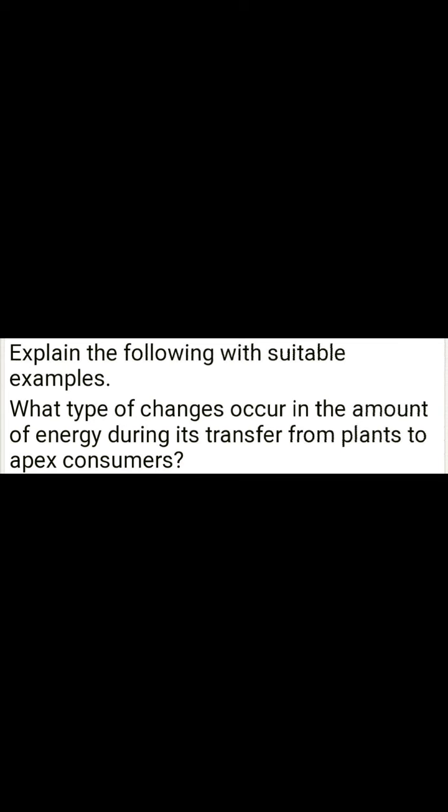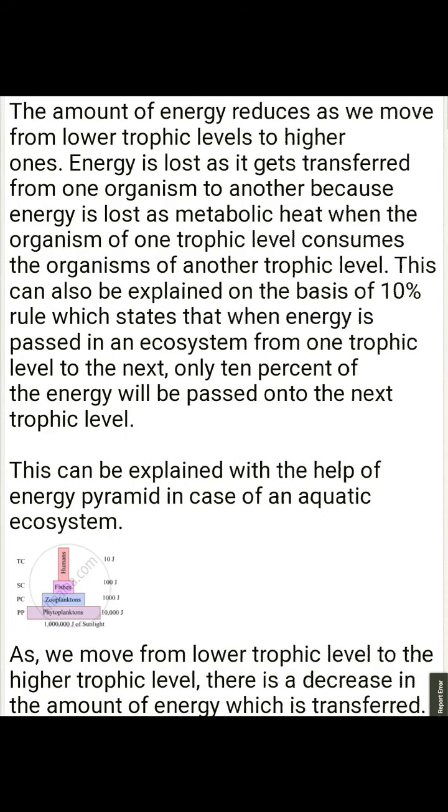The answer is that the amount of energy reduces as we move from lower trophic levels to higher ones, because only 10% of the energy is transferred to the next level. Energy is lost as it gets transferred from one organism to another, because energy is lost as metabolic heat when the organism of one trophic level consumes the organism of another trophic level.